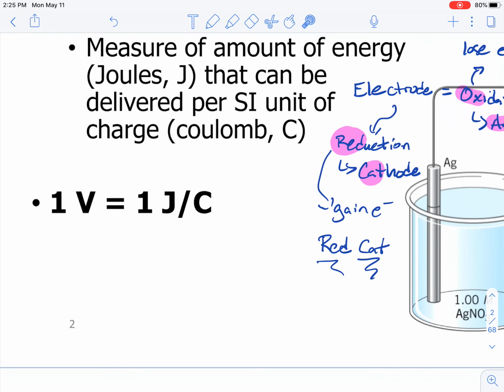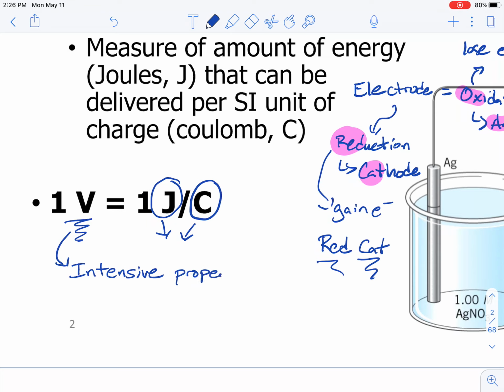The really interesting thing about this unit is that its definition is a ratio of two units. Typically when you have a ratio of two units, the unit volt is an example of something that's intensive. I'm sorry, not so much describing an intensive property, but it's an example of an intensive property.